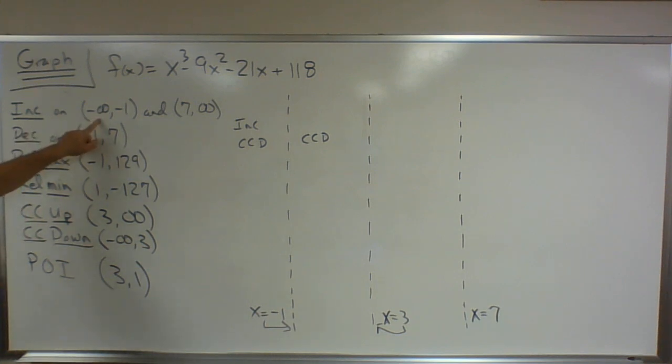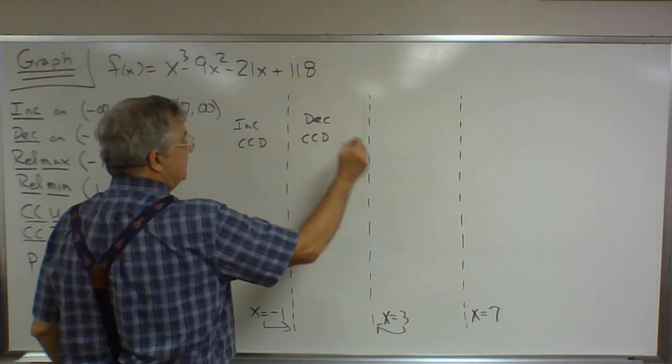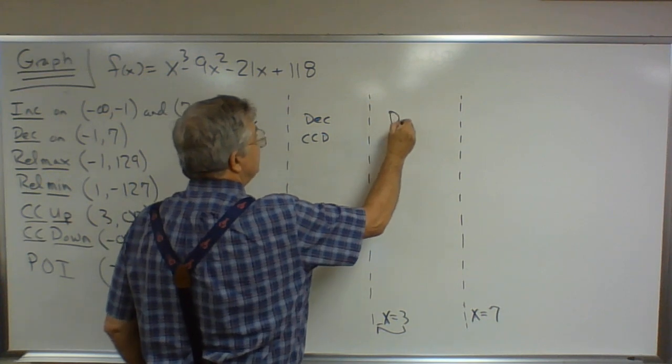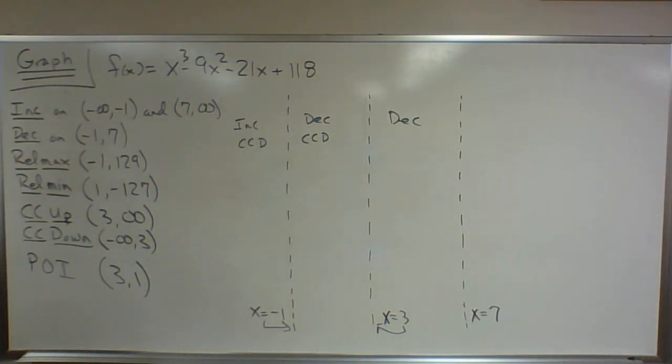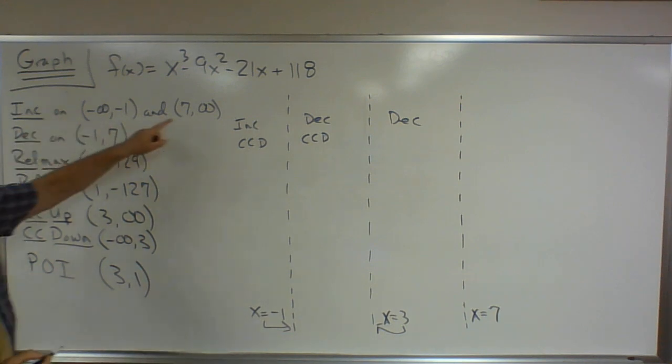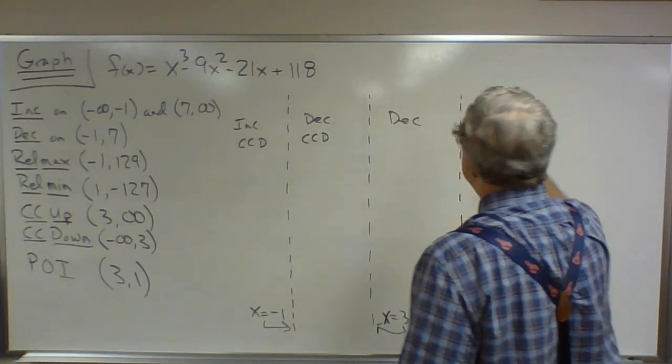Increasing from negative infinity to negative 1. Okay, decreasing from negative 1 to 7. So decreasing here, and let's see. Increasing again from x equals 7 to infinity.